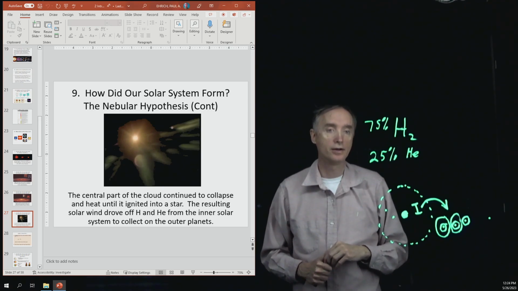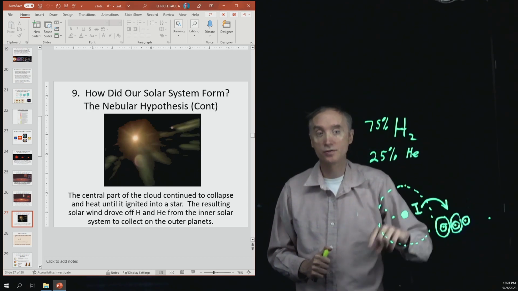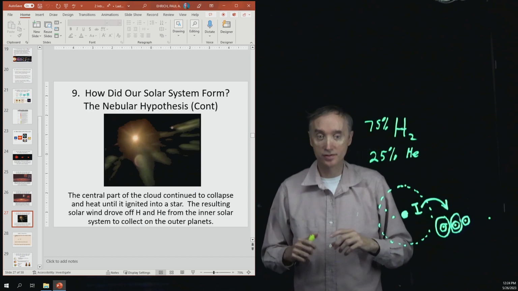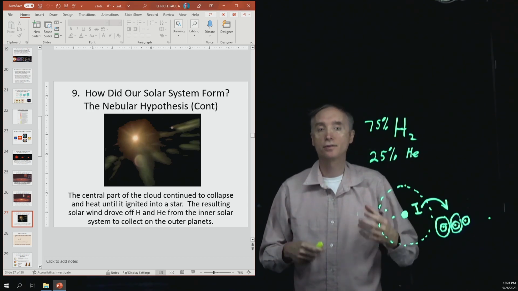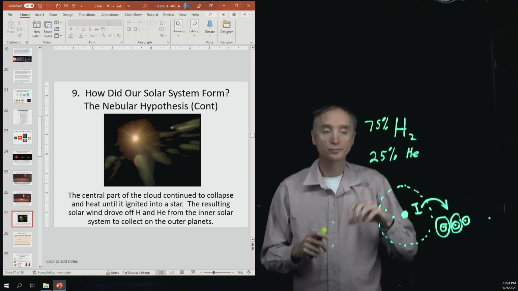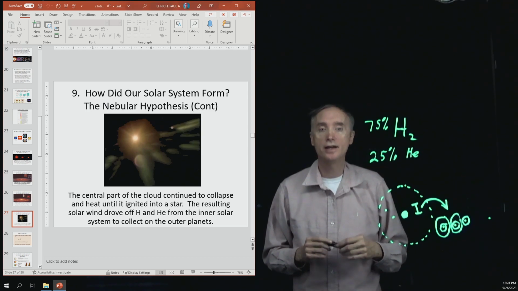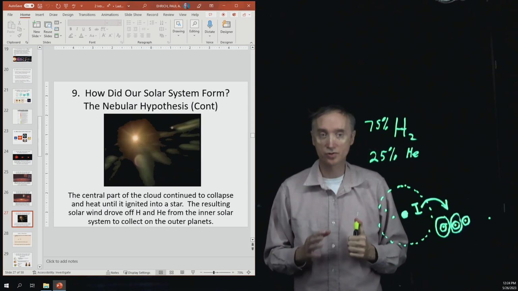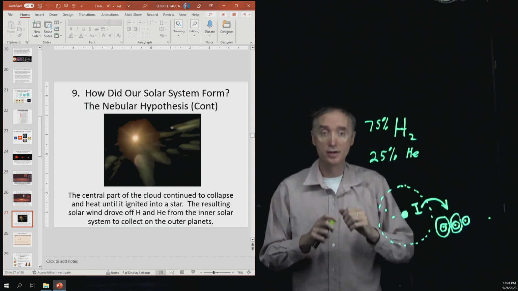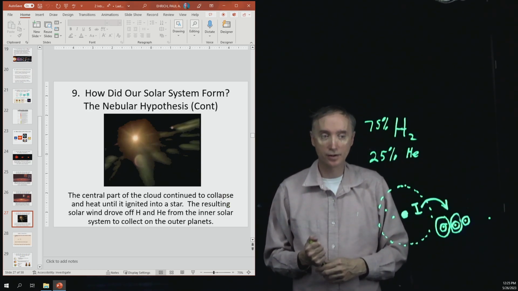Okay, now the next thing that's going to happen though is finally the sun is going to turn on. So the sun is going to get so hot it's going to reach that critical temperature of 10 million Kelvin, and it is going to ignite. And then when it ignites, it has what's known as a solar wind. A solar wind is going to be the particles that are being blown off of the sun, things like protons and electrons.